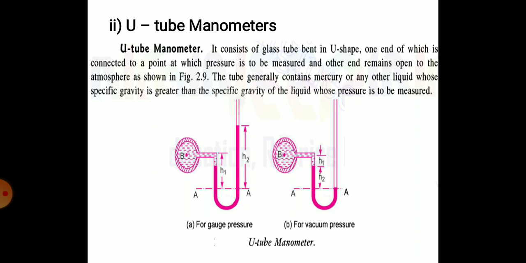As shown in figure, the one end is connected to point B. We have to measure the pressure at point B, and the other end remains open to the atmosphere. This tube generally contains mercury or any other liquid whose specific gravity is greater than the specific gravity of liquid whose pressure is to be measured.